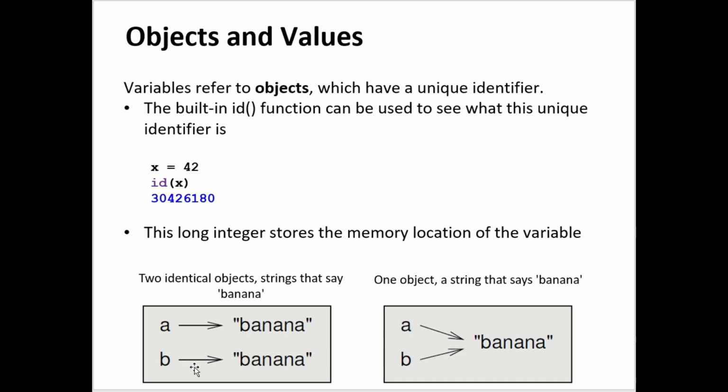And that's what this left diagram is showing. But for the sake of efficiency, A and B, these two variable names, can refer to the same single string, B-A-N-A-N-A. So it has the same output for ID, same object in memory.